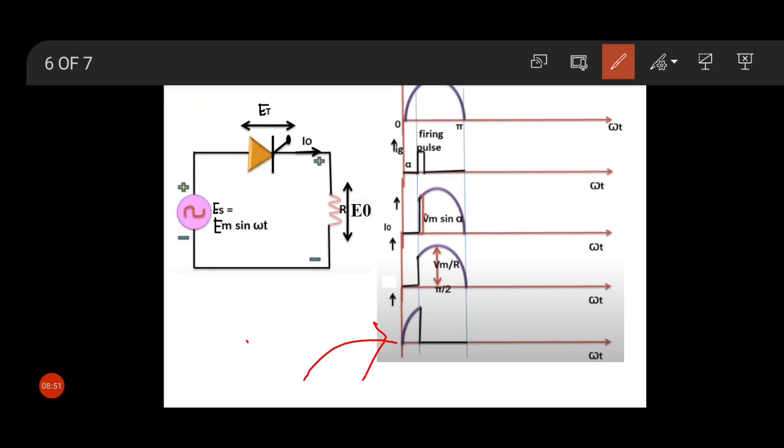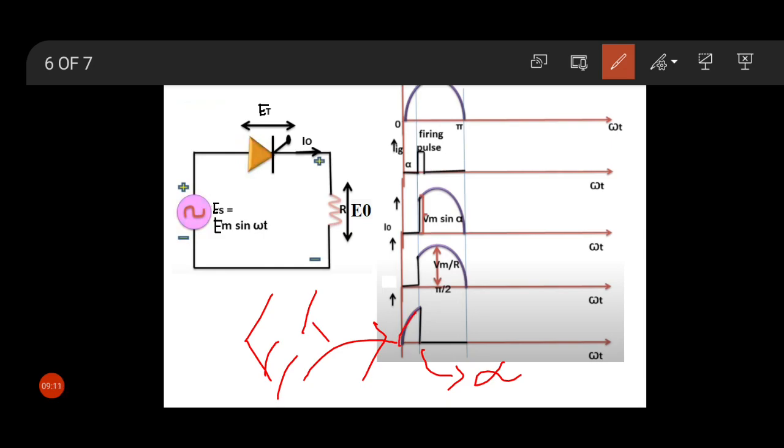Terminal voltage means ET. When the thyristor does not conduct, all the voltage drops across the thyristor. So in between 0 to alpha, this point is our alpha, this is the terminal voltage graph.